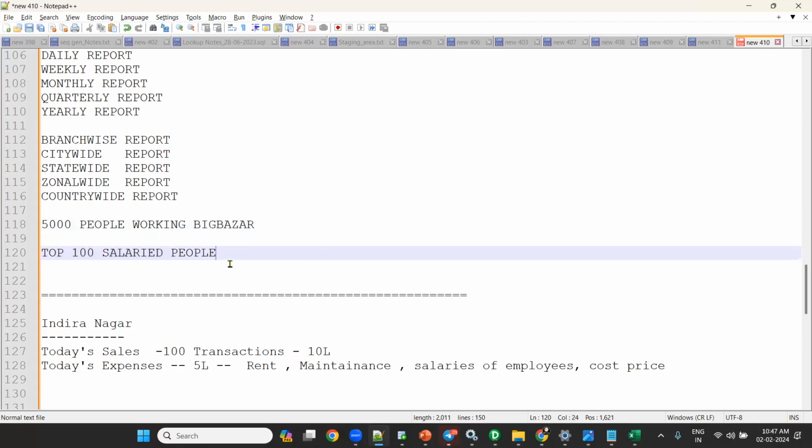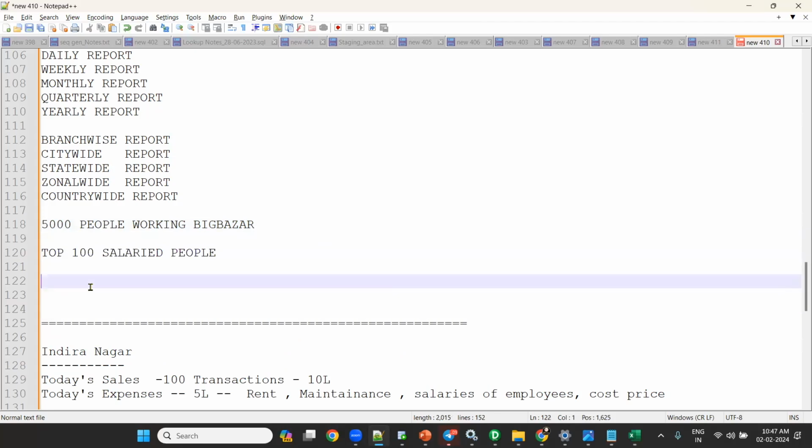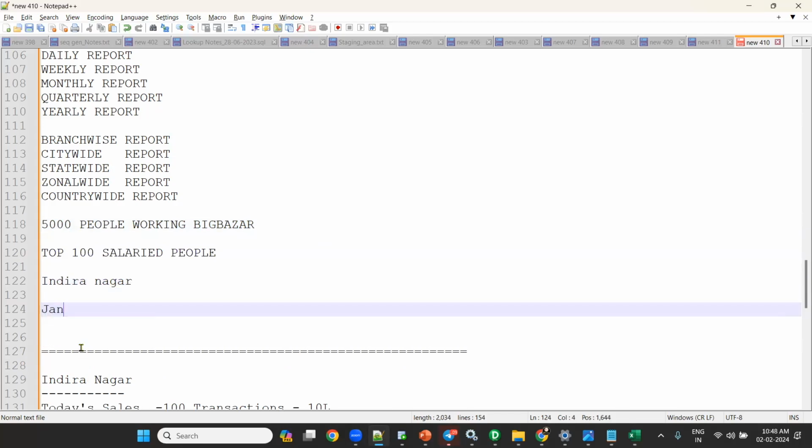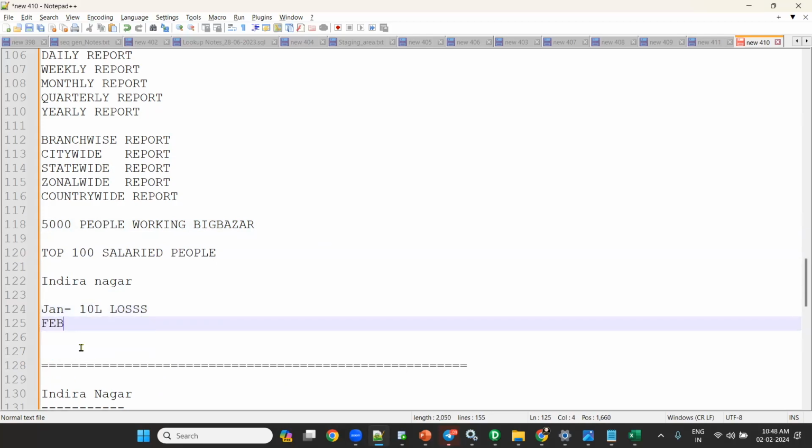Not only that, for example, I am observing the Indiranagar branch in Bangalore. In January, I got a 10 lakh loss in total. In February, observing the profit and loss report again, I have a 50 lakh loss.